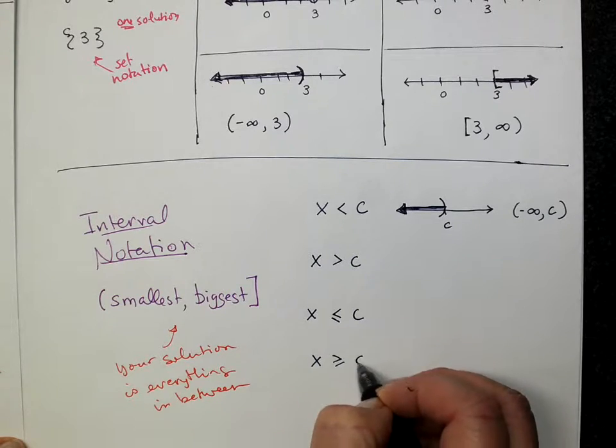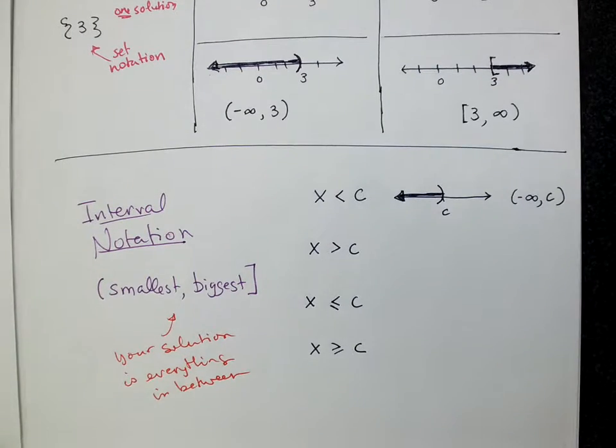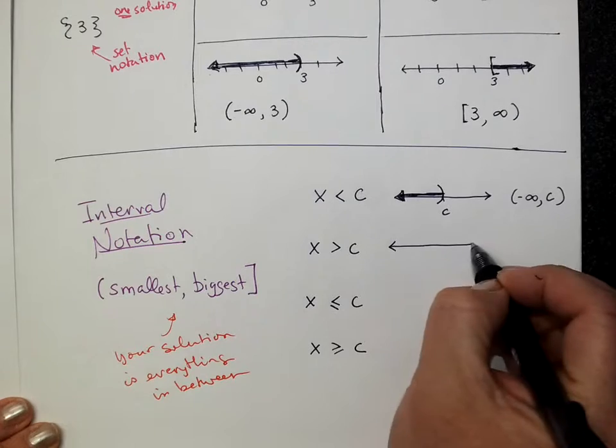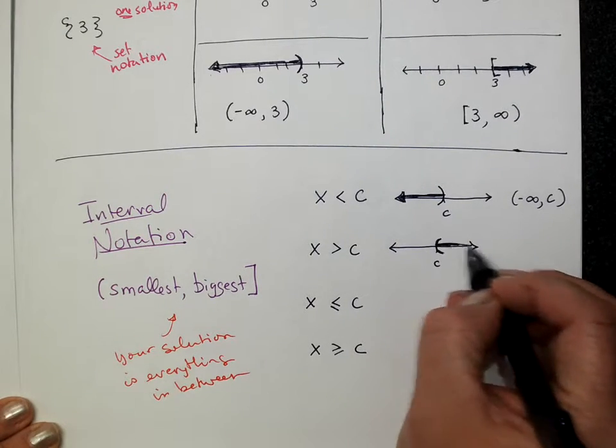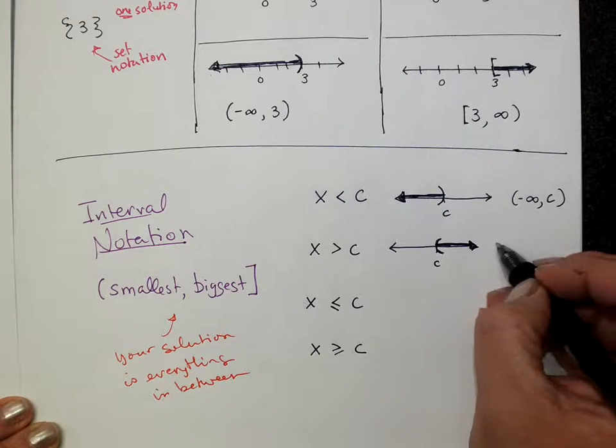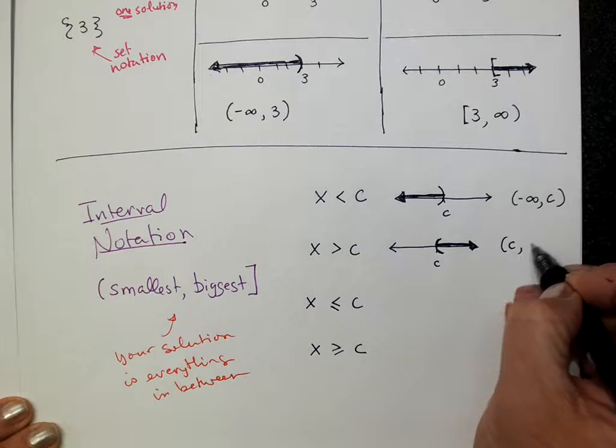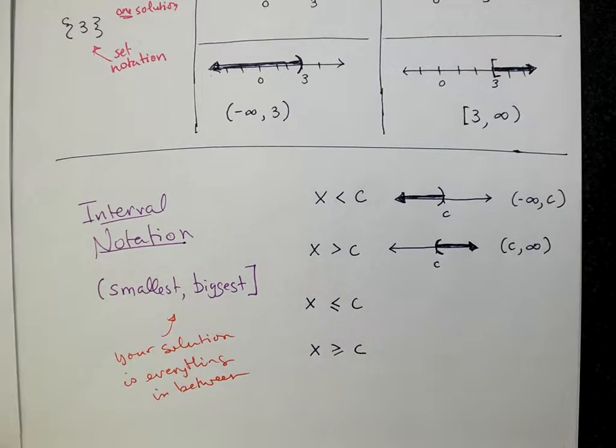And of course the same idea for these are the 4 possibilities. Greater than means whatever that number is, not included, so we use the soft parenthesis and it's going up the number line. Therefore, the smallest value is c and the largest one is infinity.